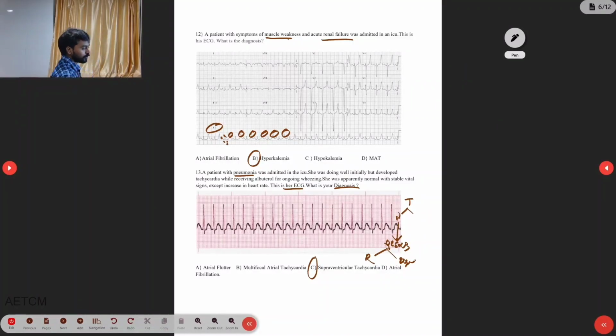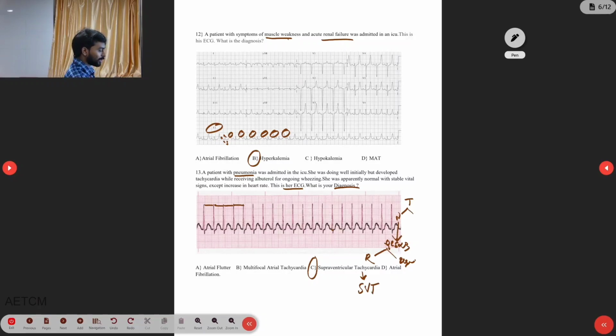Now you see this ECG is narrow complex already, so it is less than 3 small squares, and it is regular also, because if you count the distance between two R waves, it is the same. So that is narrow complex regular tachycardia, and you are not seeing any P waves also. That's why it is supraventricular tachycardia.